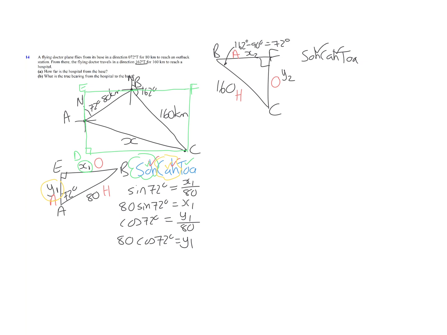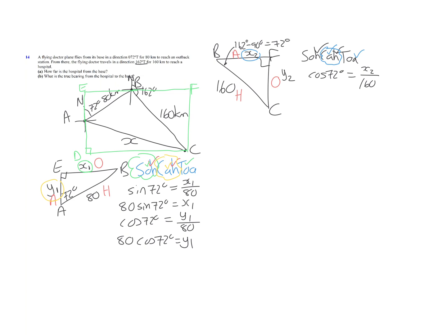Then if I want to work out x2, I'll do it in blue. I have adjacent together with the hypotenuse, which means I can use cosine. So I can go cos 72 degrees is adjacent, which is x2, over hypotenuse, which is 160.